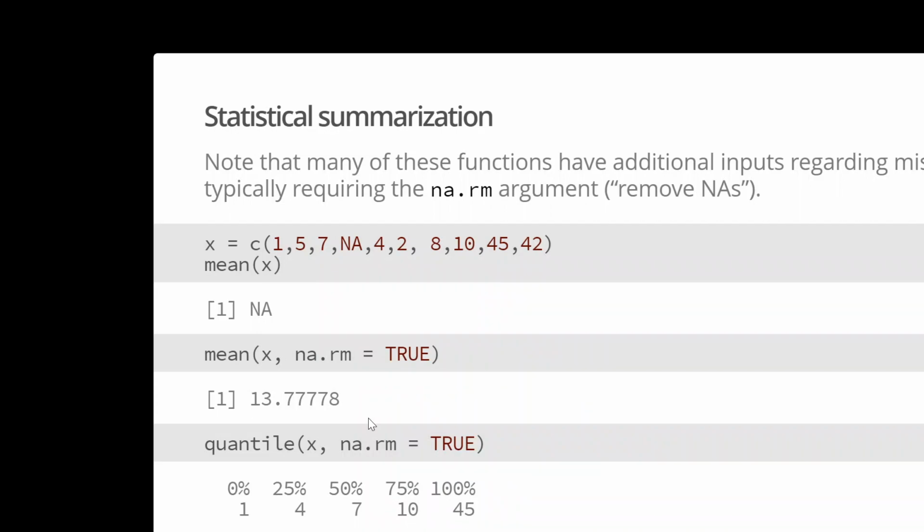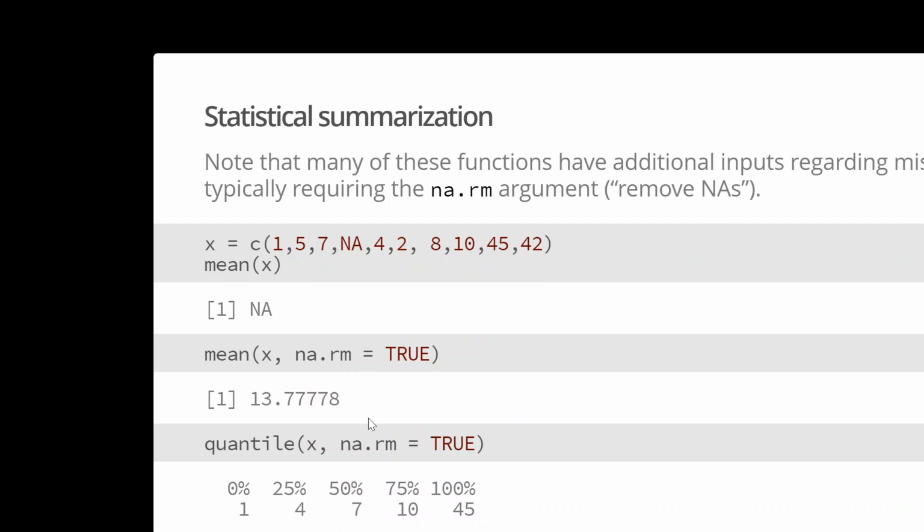However, it's important to note that many of these functions have additional inputs regarding missing data. And so again, the na.rm argument is just like, do I want to remove NAs, which are missing? So if I collect this vector of 1, 5, 7, NA, 4, 2, 8, etc. If I say, let's take the mean of this, even if there's any NAs at all, the mean of this vector is NA, because it doesn't know how to handle it.